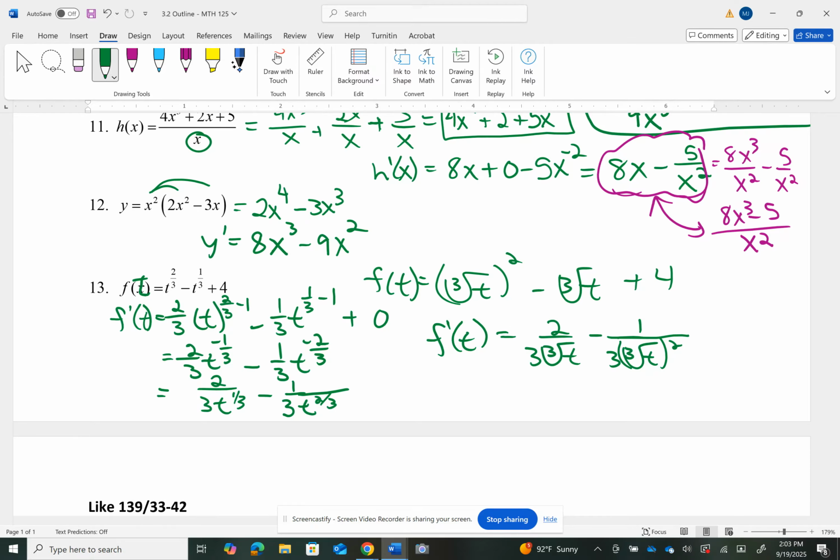Okay. So the rule of thumb is, if it starts with radicals, then you need it to end with radicals. But if they have fractional exponents in the beginning, then it's typically okay to have fractional exponents at the end.